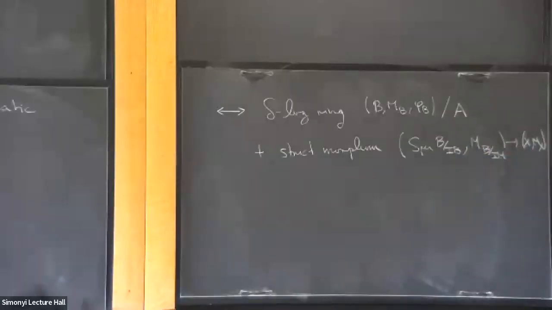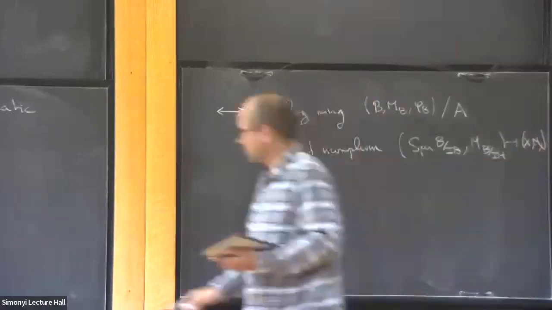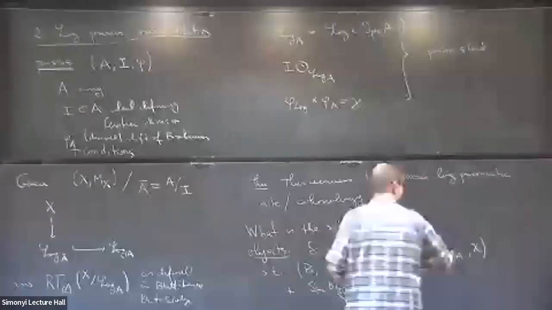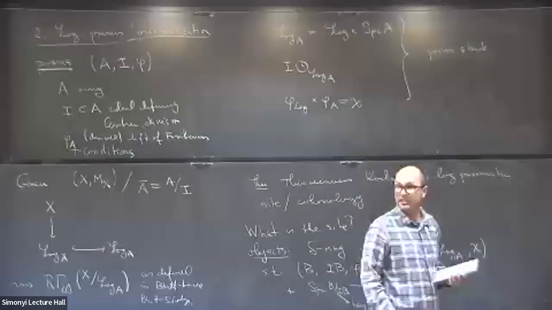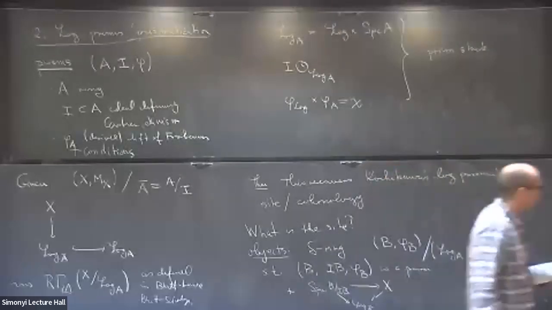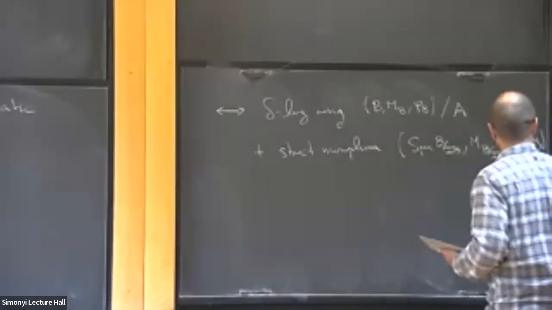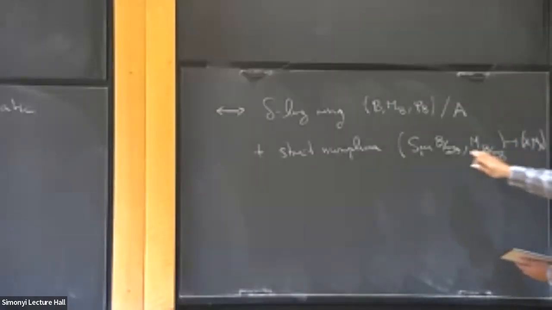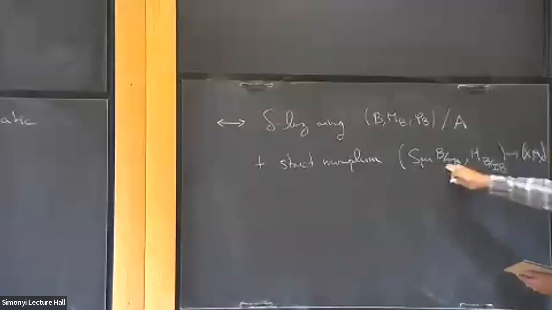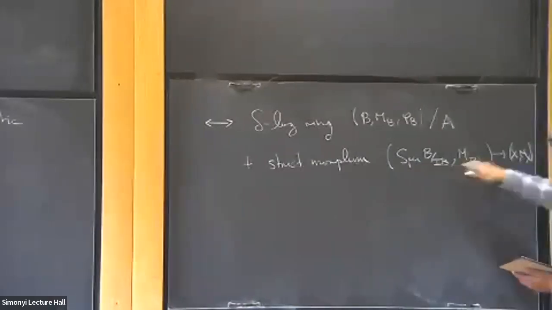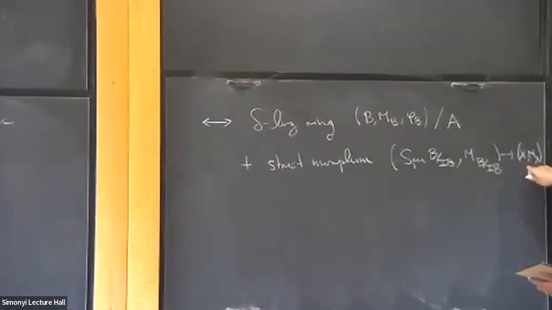Okay, so maybe let me try to make this more explicit. Can you read the last piece again? Here? Yes, that should be a strict morphism, and then a strict morphism of log schemes from the reduction mod I to (X, M_X).